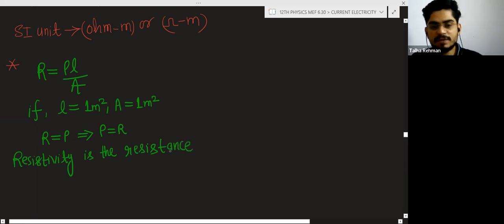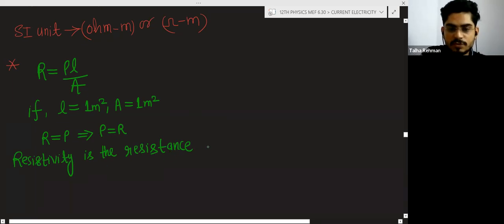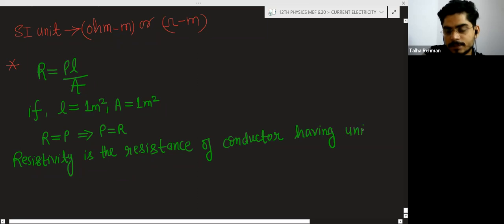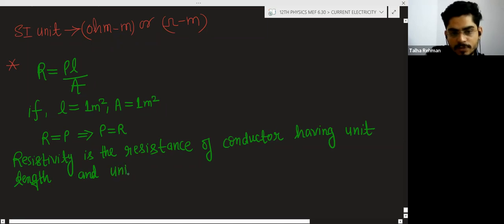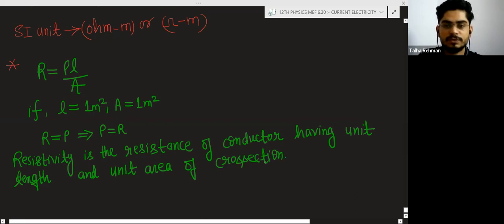If someone is saying define resistivity, then define the resistivity in this way: resistivity is the resistance of a conductor having unit length and unit area of cross section.